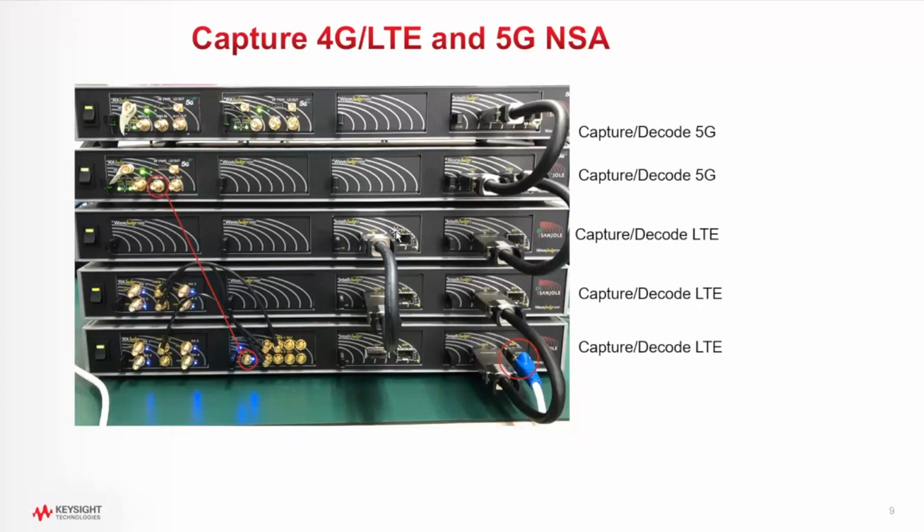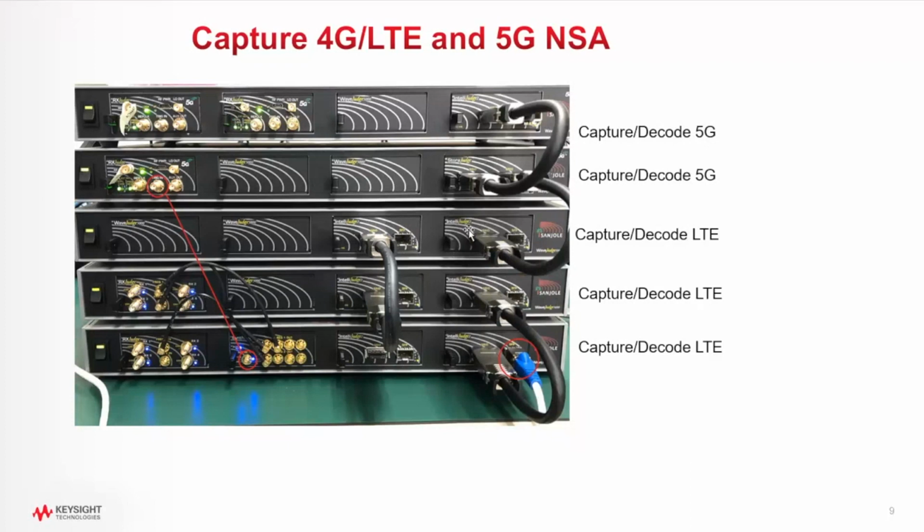However, it will immediately, I believe it's within 70 milliseconds, move to the 5G network, and the WaveJudge will capture that protocol messaging, which actually moves the UE from the 4G to the 5G network.